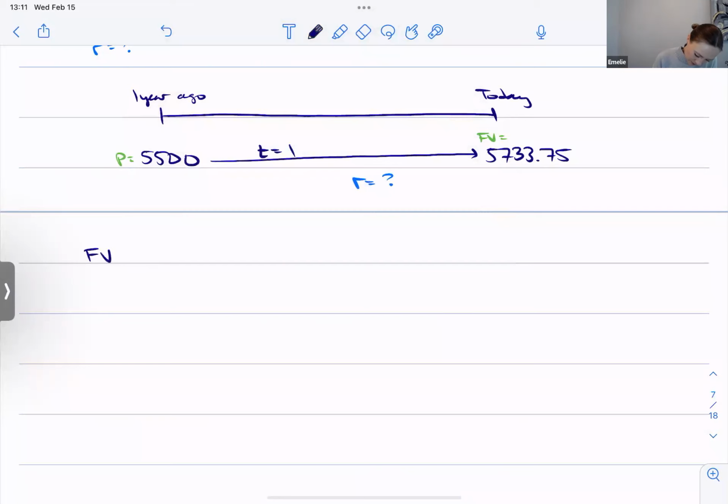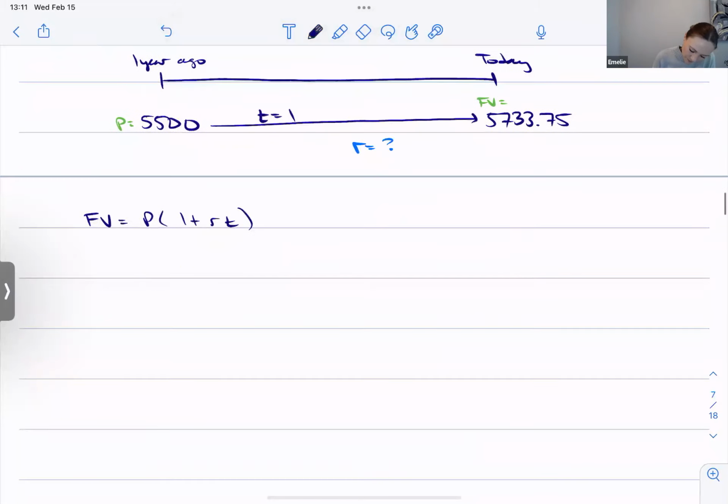From here, the future value is P times 1 plus R times T. So 5,733.75 is 5,500 times 1 plus R, which I'm solving for, times T, which is 1.